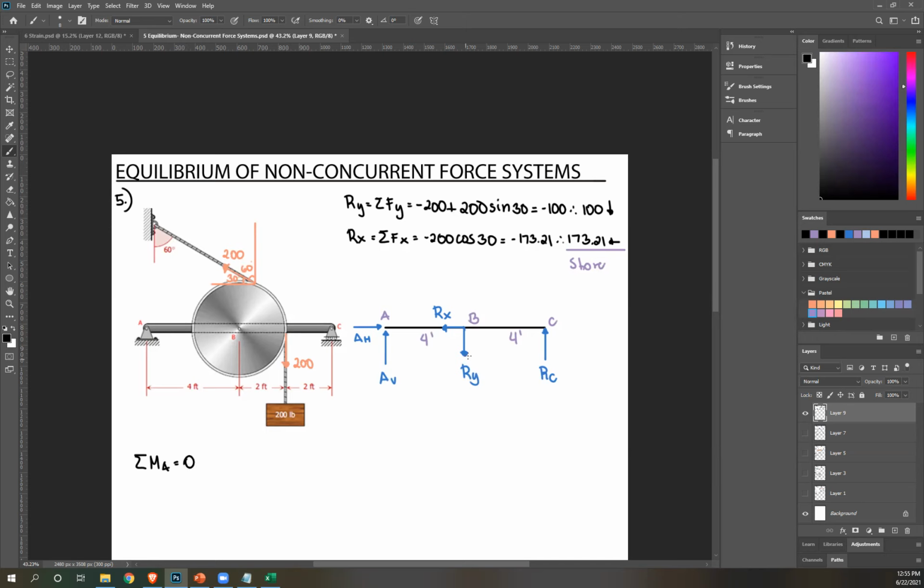Rx also passes through A, ignoring that. Ry rotates about A clockwise, so Ry times distance 4. Next, Rc, that's counterclockwise, so negative Rc, distance 8. Ry again is this. Solve what's Rc.